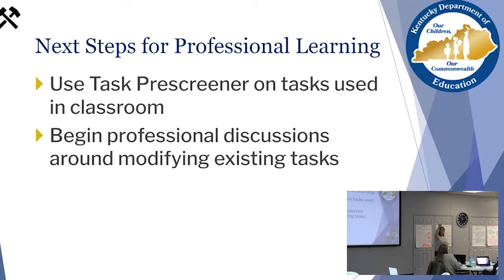It might be in the materials that your district is using. It might be something that you found online. It might even be something that you've developed yourself. Just to check and see, maybe is there sense making? Is there something that we can tweak? Is it getting at what we're trying to measure? All of those things, and having those professional discussions around that task.